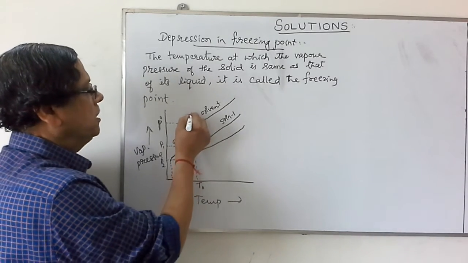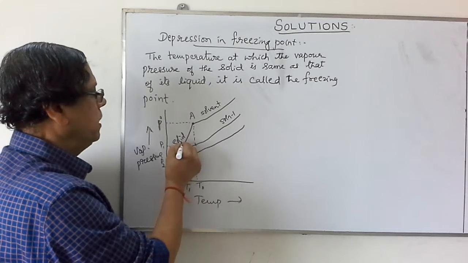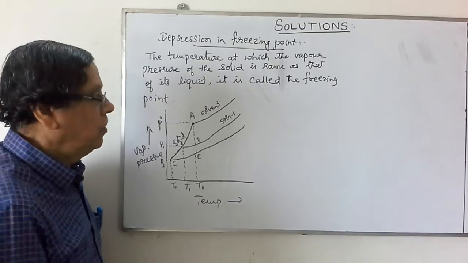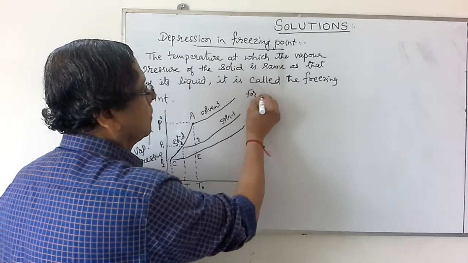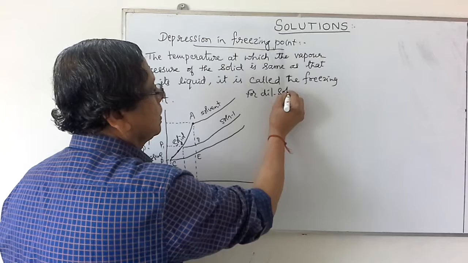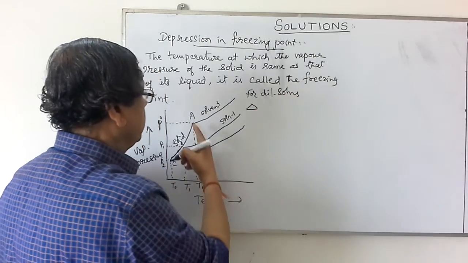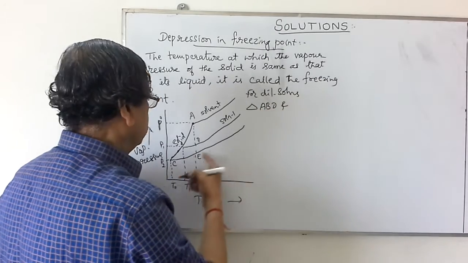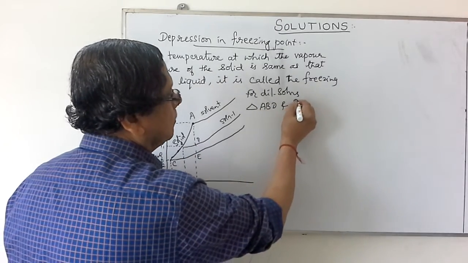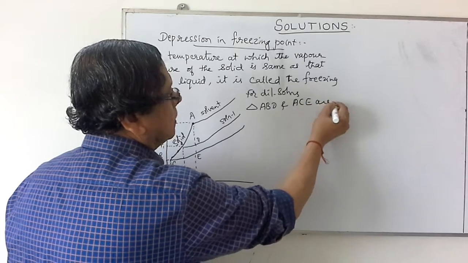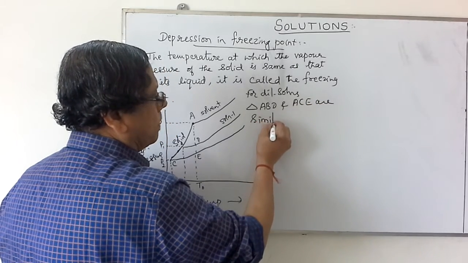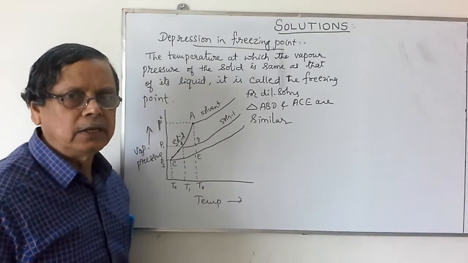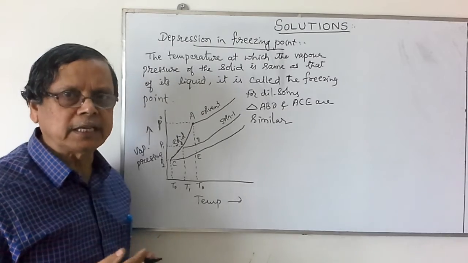So, if you consider these points as A, B, C, D and E, for dilute solutions, triangle ABD and triangle ACE are similar. When we go to the topic of similar triangles, the ratio of the corresponding sides are equal.